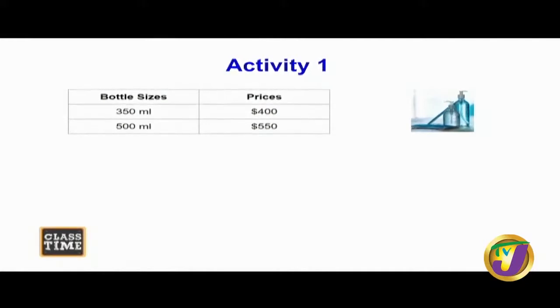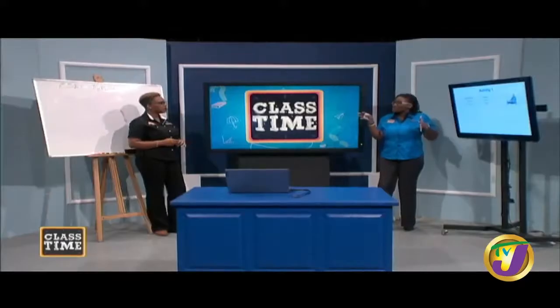But I see that the highest common factor for these values is 50. So we could break apart these bottles of sanitizer into smaller parcels, 50 milliliters each, and then compare some prices.